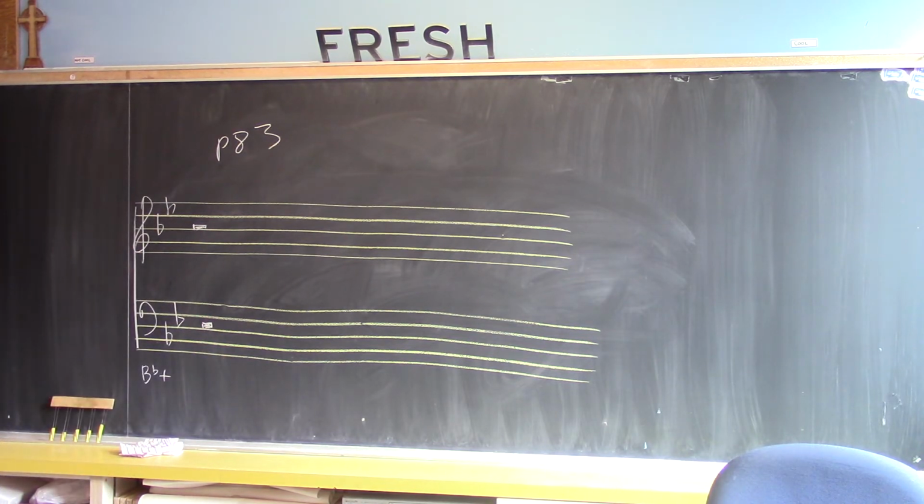When I give you back some of your tests and things, the half rest and the whole rest go in the third space. Some of you put it in the space below. That gets automatically marked wrong. So there's a convention. So it does matter. Same thing with dots. Any dotted rest, the dot is in that third space. Just for future.